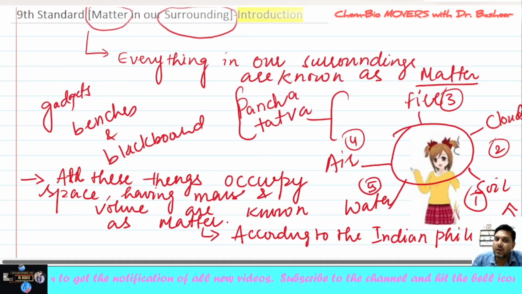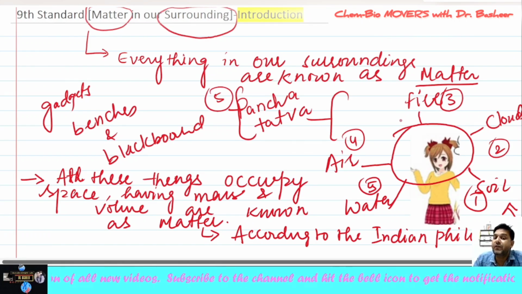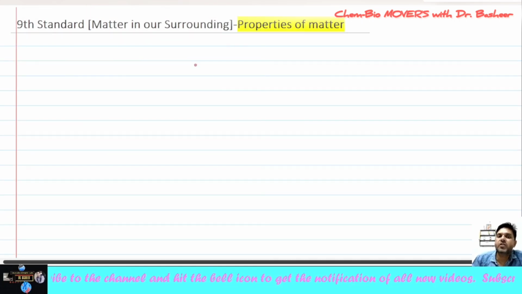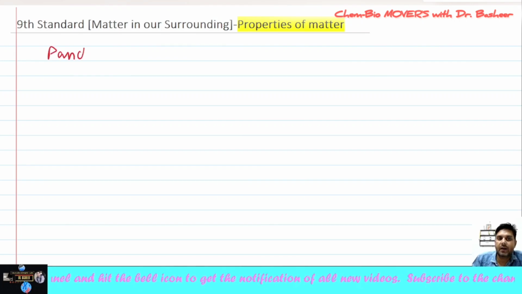This is the Hindi word. Panch means five. If you remember these Panch Tattva, you can give examples of matter very easily.